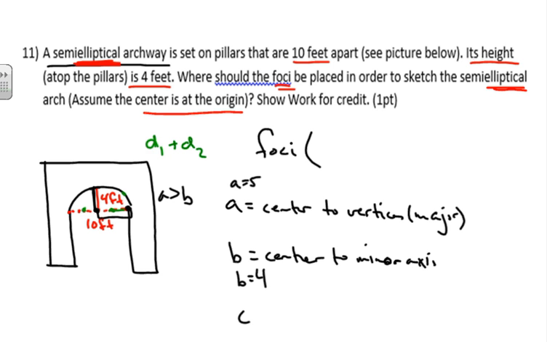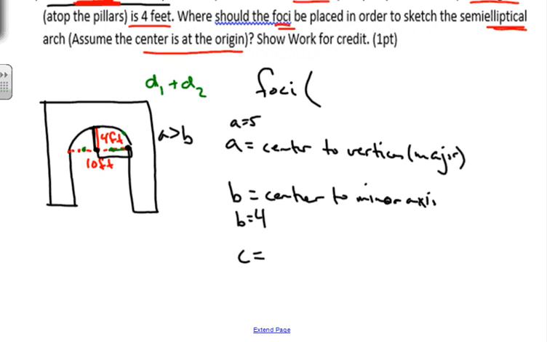Now the question is C. What is C? If you watch the other tutorials, I've said this repeatedly: C is the distance from the center to one of the foci. That's what we're trying to find. So how do you find that? Well, we have an equation that doesn't come from our other equations. C squared equals A squared minus B squared.